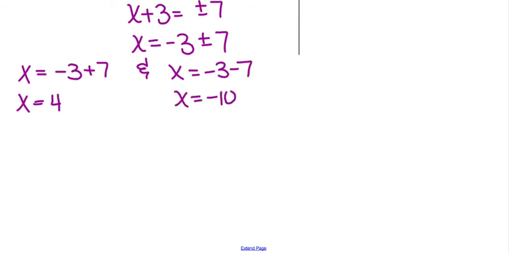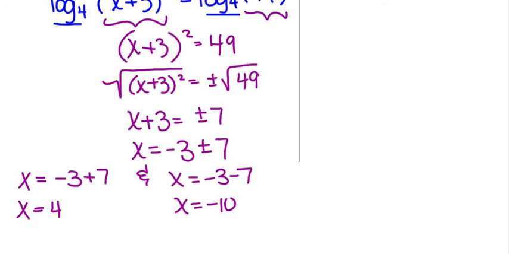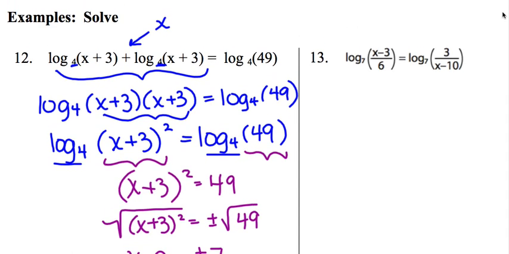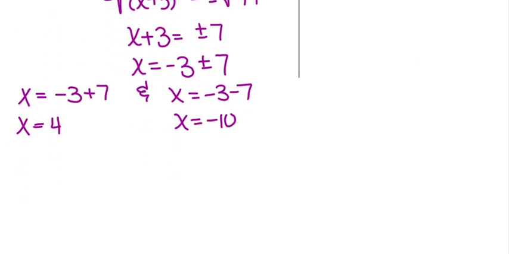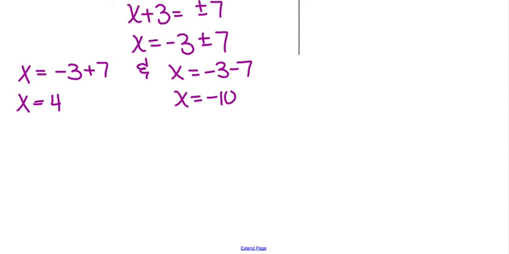Now I want to stop there for a moment. There causes a problem when you have a solution when x equals a negative. Right there and right there, if you plug in a negative in for x, we can't have a negative x solution when it's a logarithm because there's a restriction on its domain.